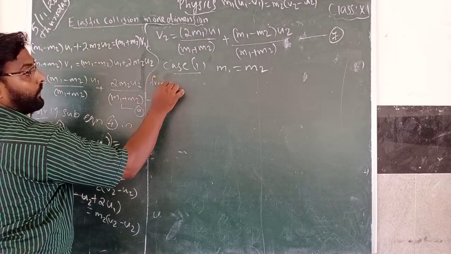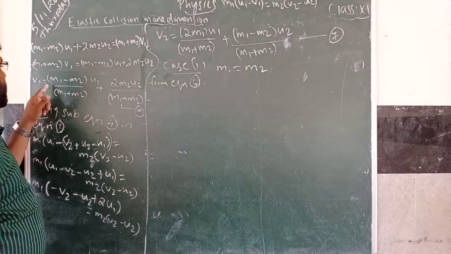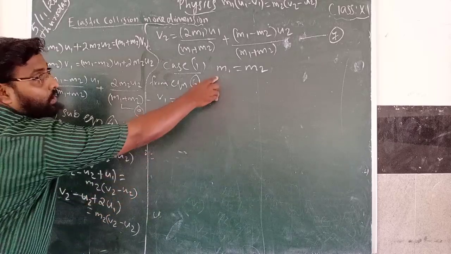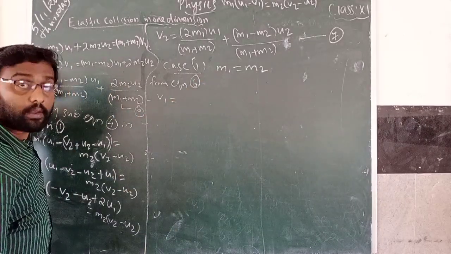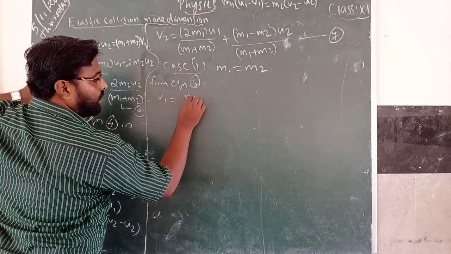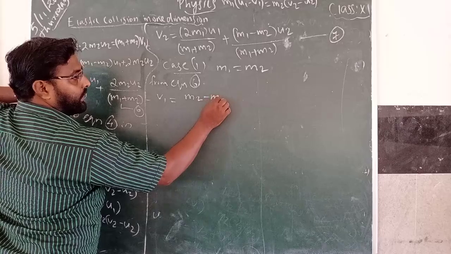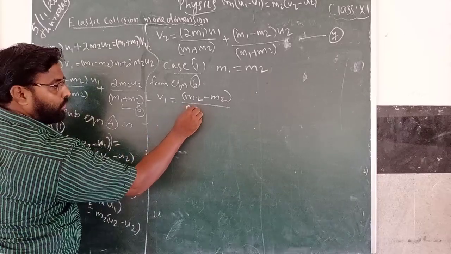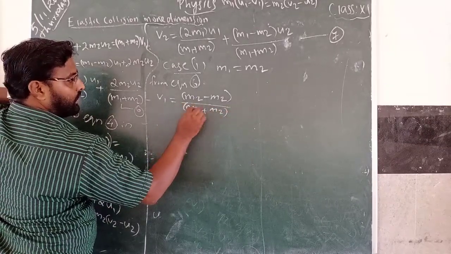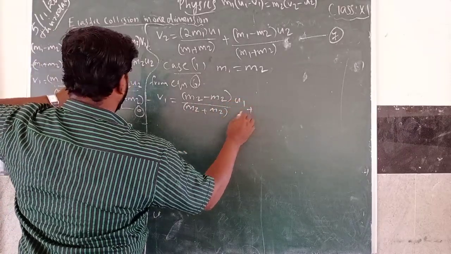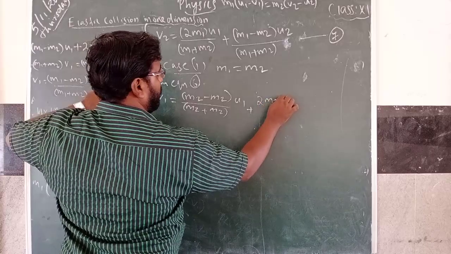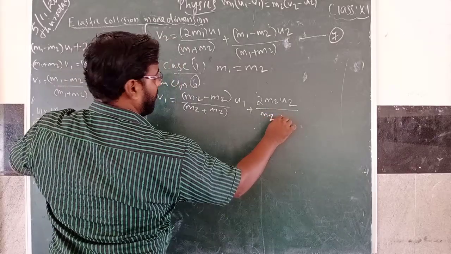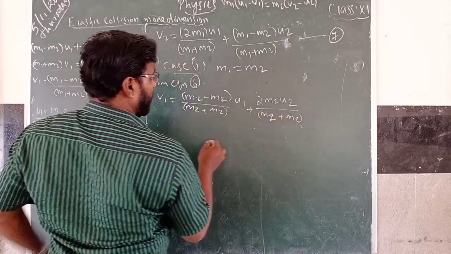From equation 6, V1 equal to, instead of this M1, since the case is M1 equal to M2, you have to put M2. So M2 minus M2 divided by M2 plus M2 into U1 plus 2M2 U2 divided by, instead of M1, M2 plus M2.